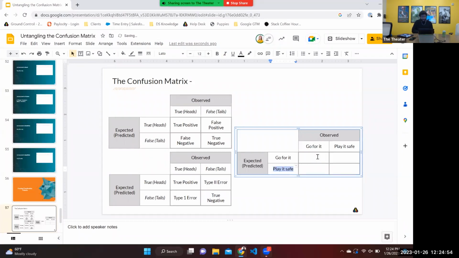Now we'll talk about what happens with the outcomes. We're seeing the expected values, and expected or predicted makes it sound kind of weird.